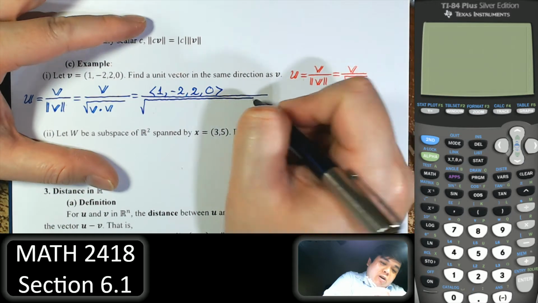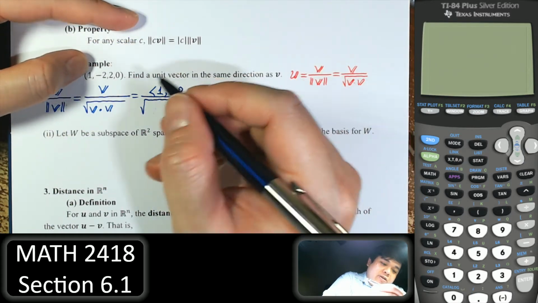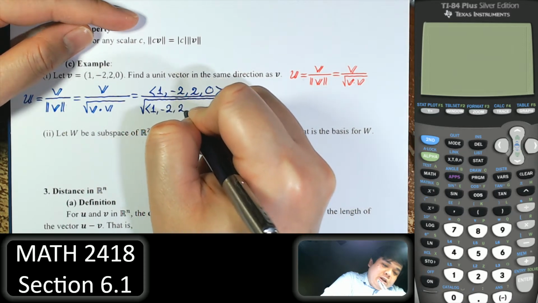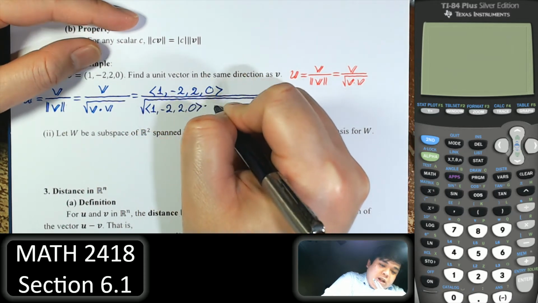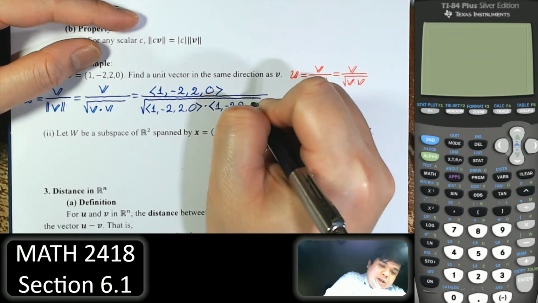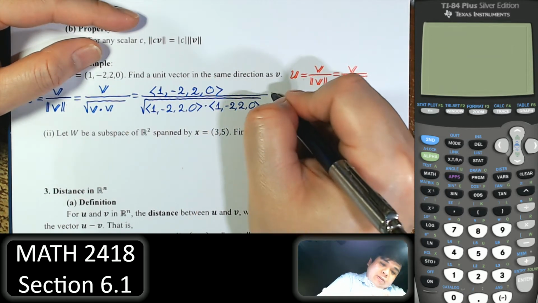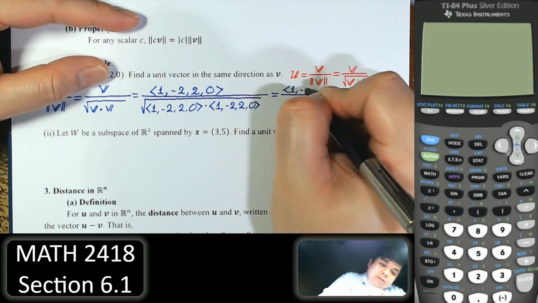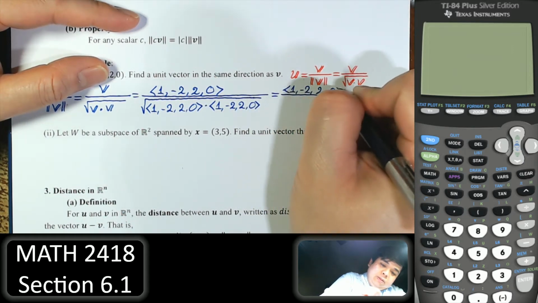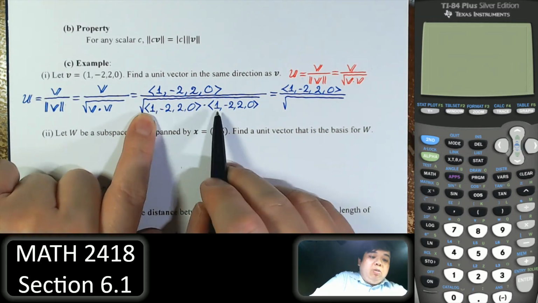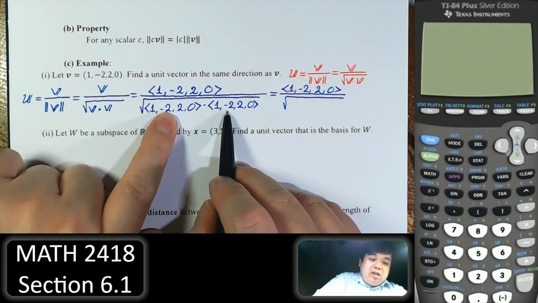square root of the dot product of v by itself, so we just have 1, negative 2, 2 and 0, dot with itself, 1, negative 2, 2 and 0. The dot product: the first times the first plus the second times the second, and so on.